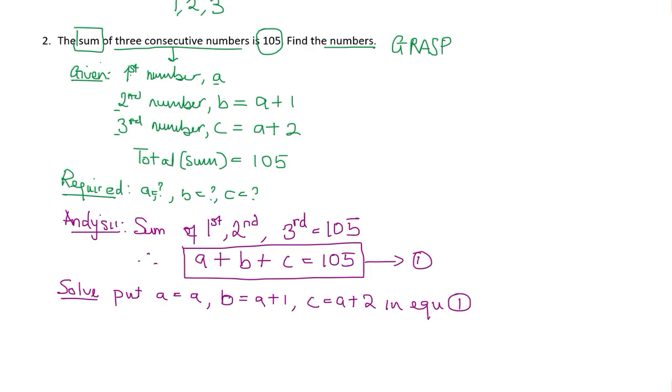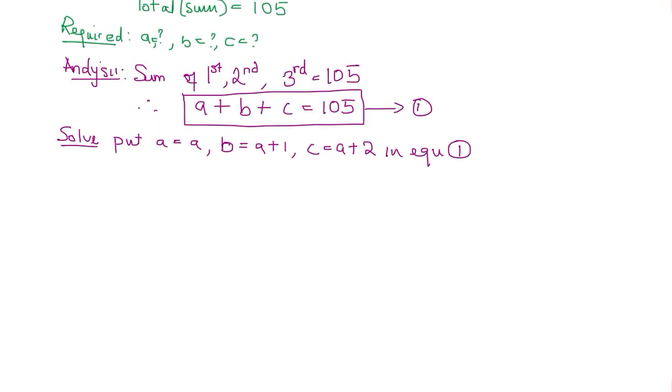Therefore, we're going to rewrite our analysis. A plus B plus C is equal to 105, which means A plus, where I see B, I put A plus 1, and plus C, where I see C, I put A plus 2, and this is equal to 105.